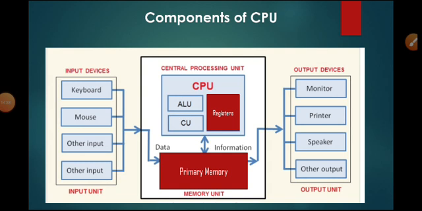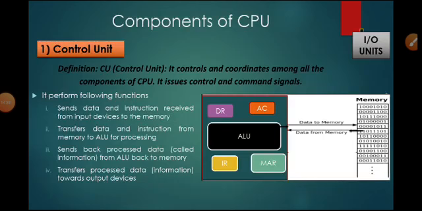Okay students, now we are going to discuss the components of the CPU in more detail. First of all, the control unit. The control unit controls and coordinates among all the components of the CPU. It issues control and command signals.